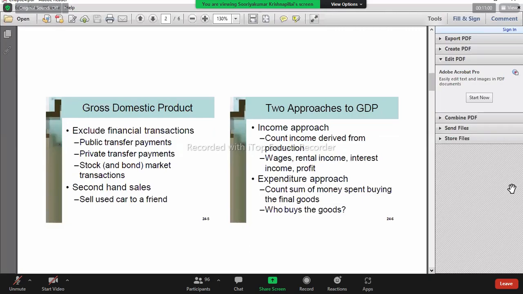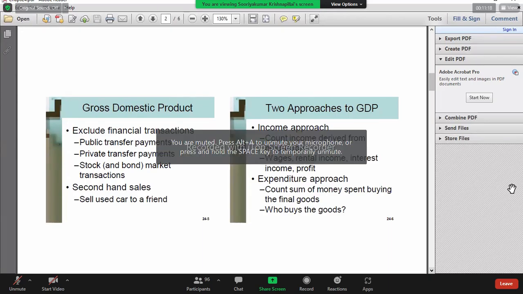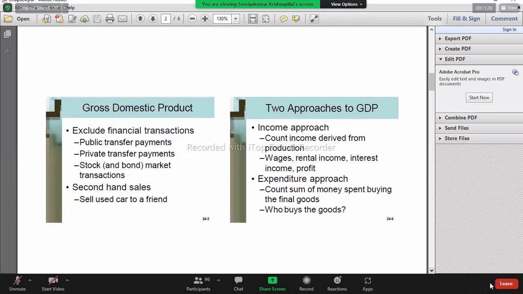When we estimate the GDP, we should exclude financial transactions and public transfer payments. Even in the value addition, to find out the value of the final goods and services, we include each unit's transaction, and from that we calculate each unit's value addition.